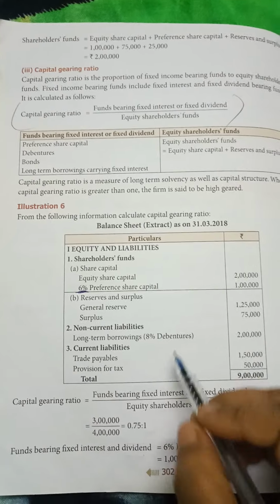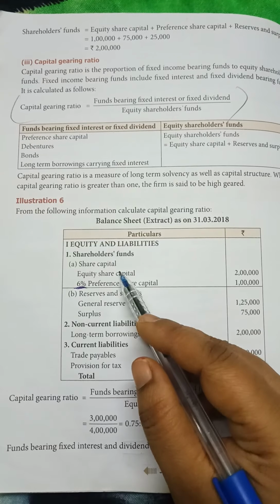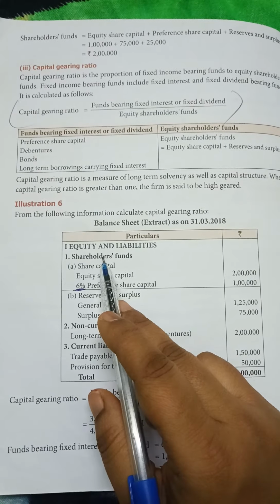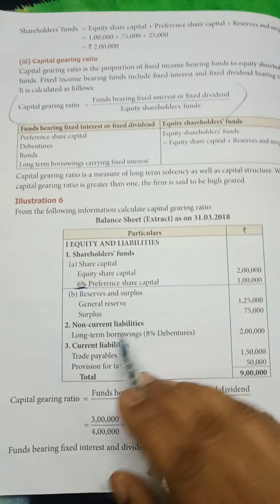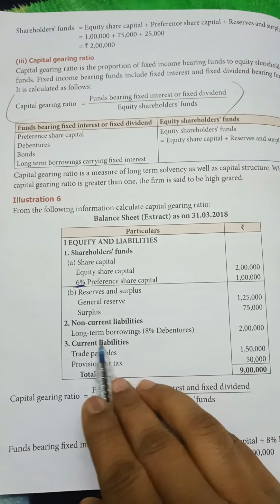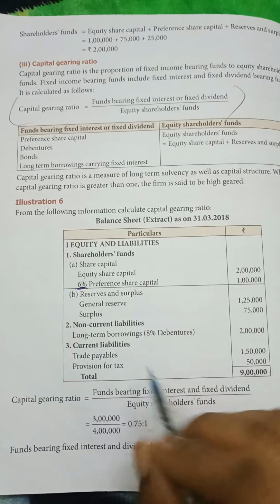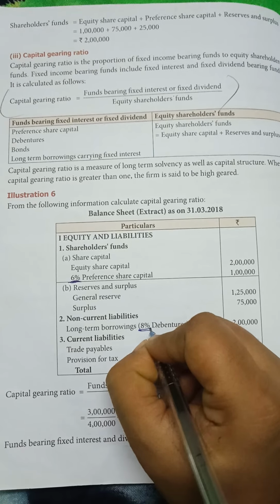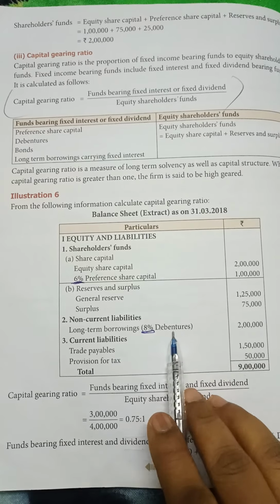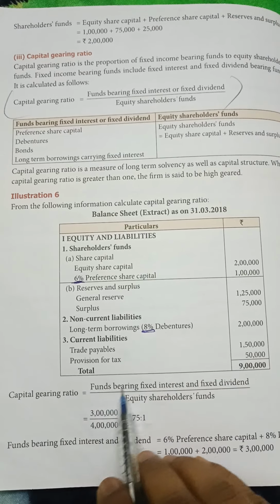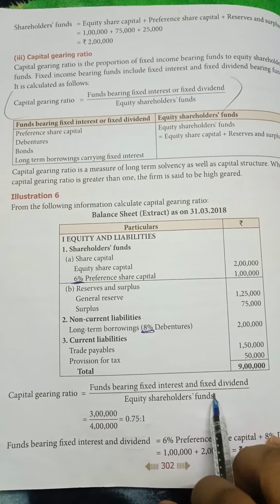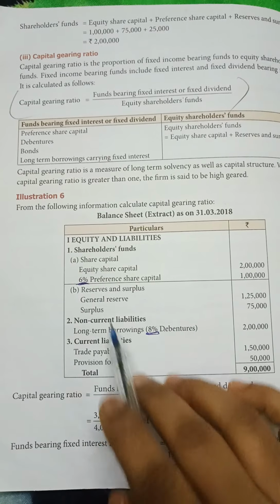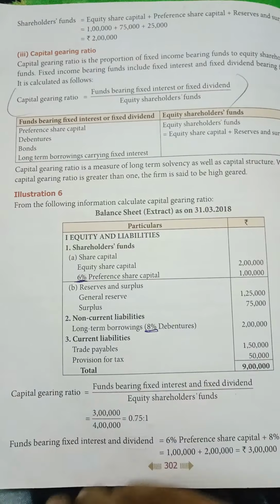The remaining items will be included only in the shareholders funds. Then in non-current liabilities, debenture is given. Debenture again has a fixed rate of interest, so this also is to be taken for funds bearing fixed interest and fixed dividend. No other accounts have percentages like this.